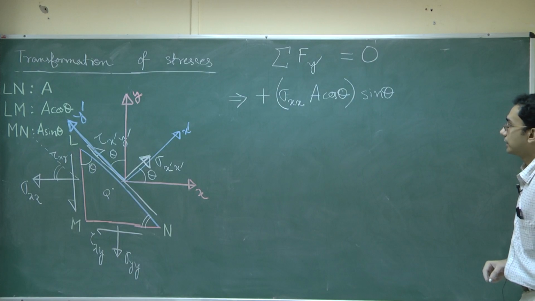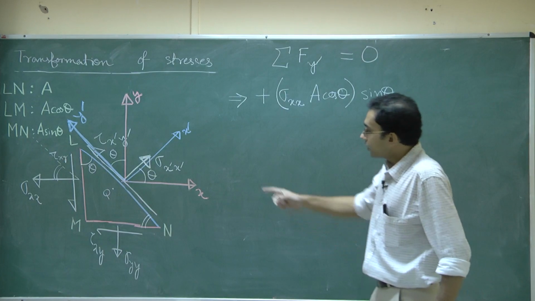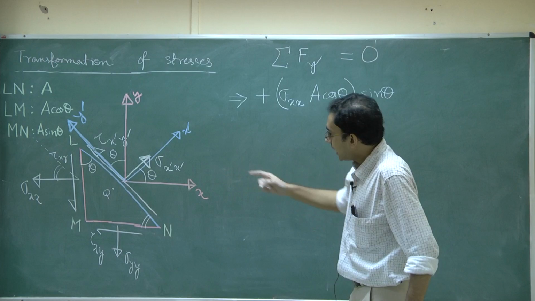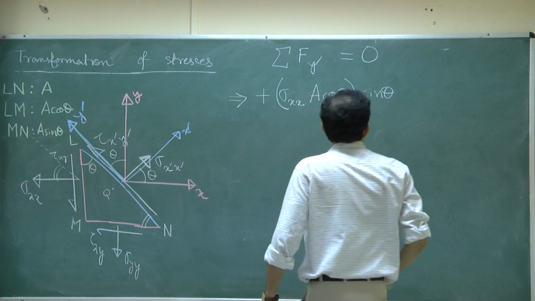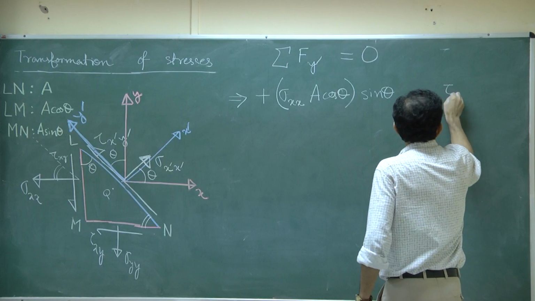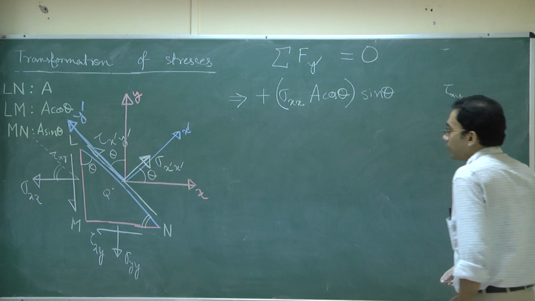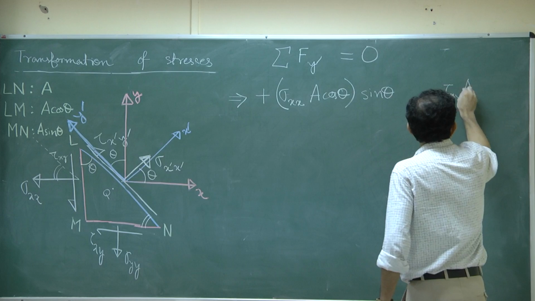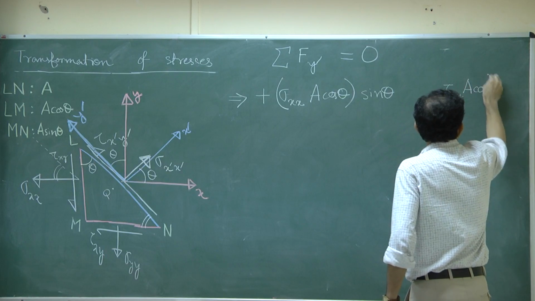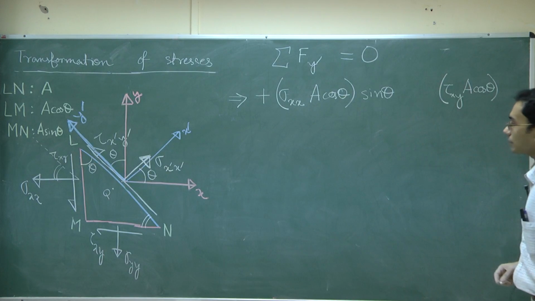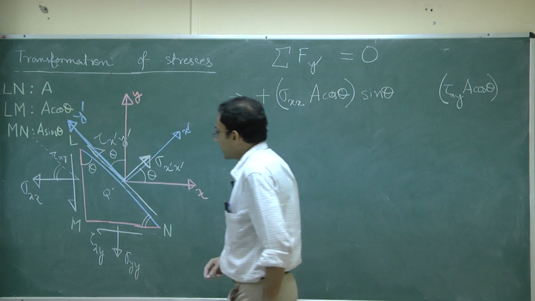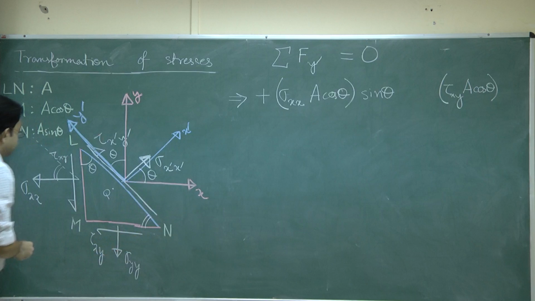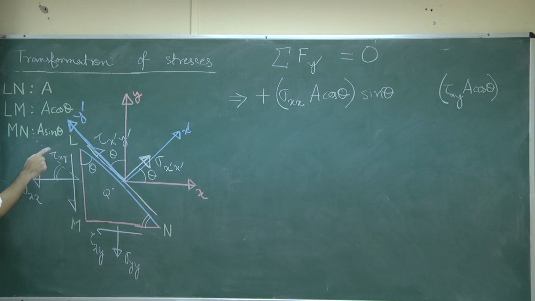All right. Next, I am again going to consider the edge Lm, but this time the force contributed by tau xy. Tau xy will be multiplied by a cos theta, and now I have to take the component parallel to the y dash direction.